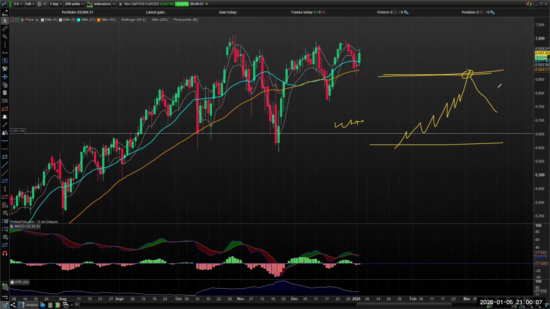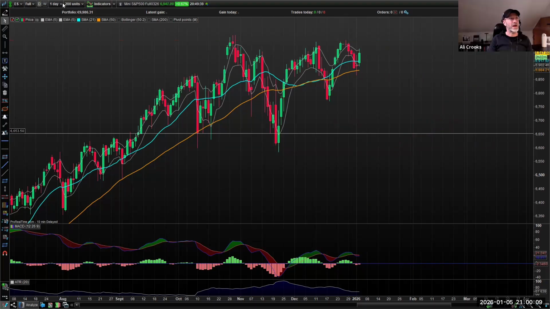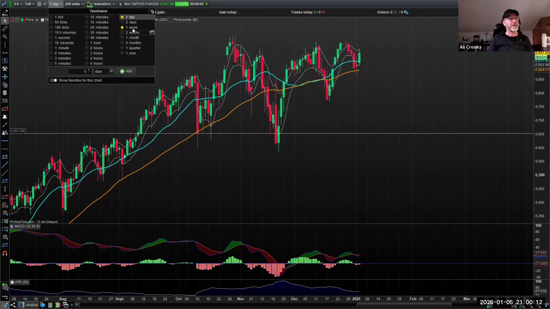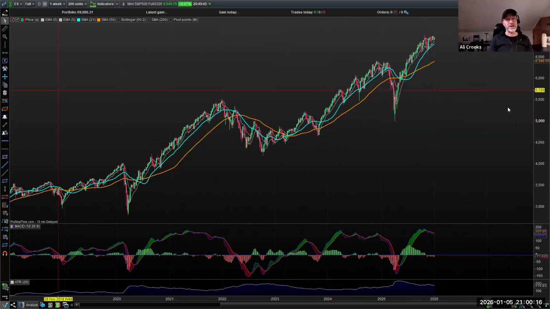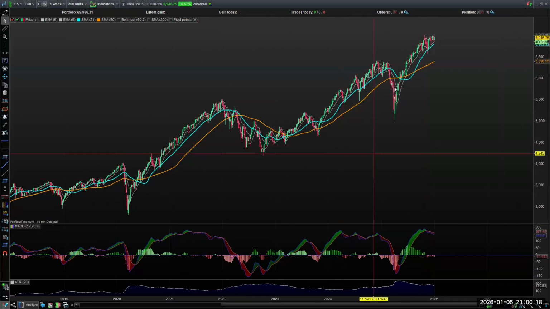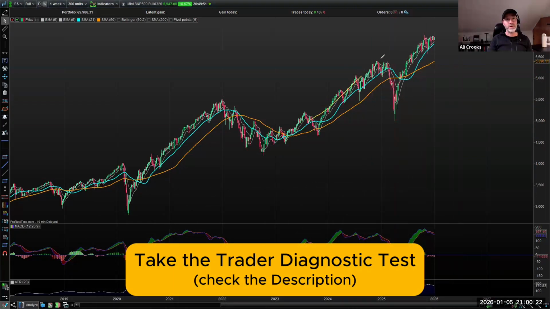I can do this really simply. Let's look at a weekly chart here. I'm on the S&P, trend, trend. Interestingly, most of the pullbacks that we've seen, so this one was 50%, this was 62% of that move. This pullback here was 50% of that move, and the previous one was even bigger.